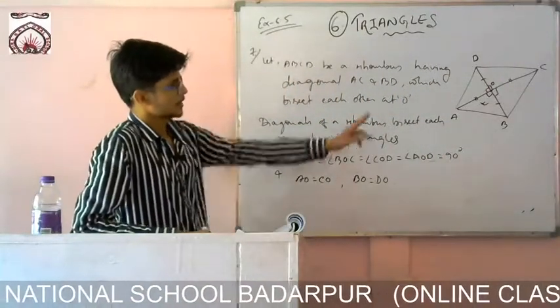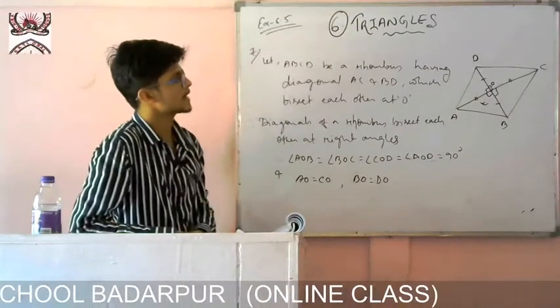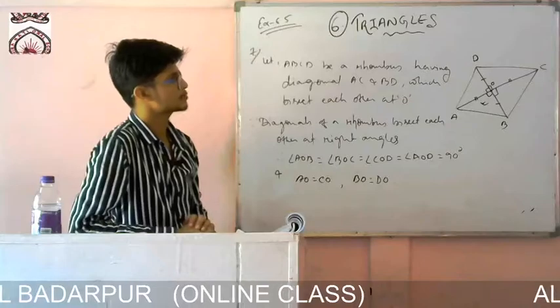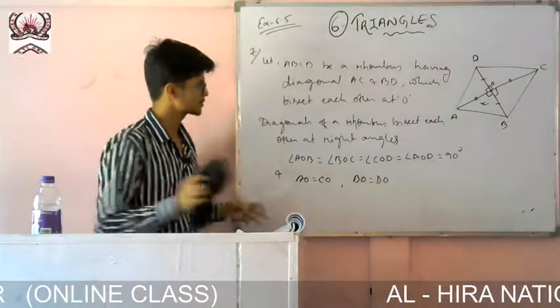So since you see here, I am taking AOB, and AOB is a right triangle.